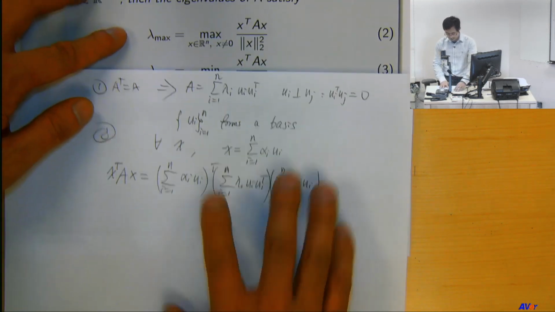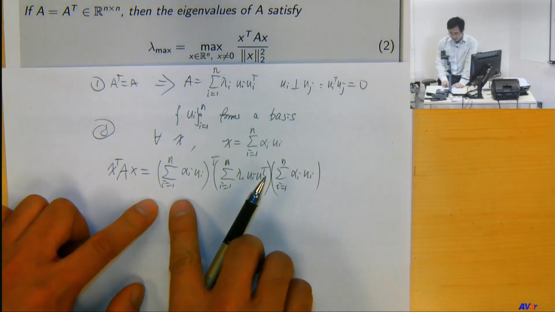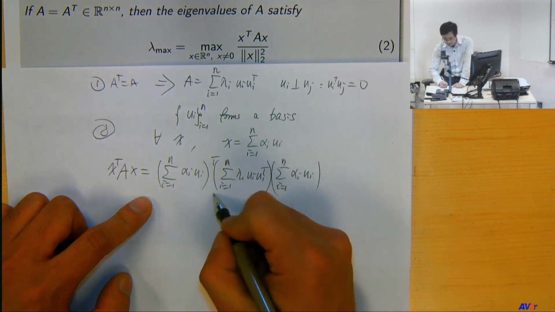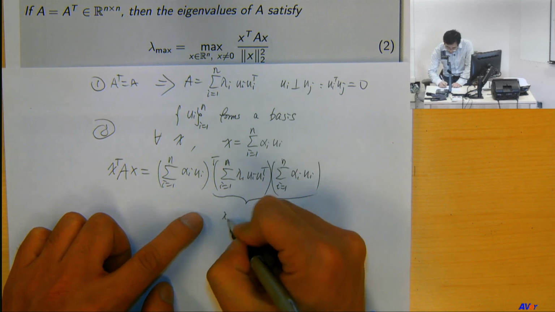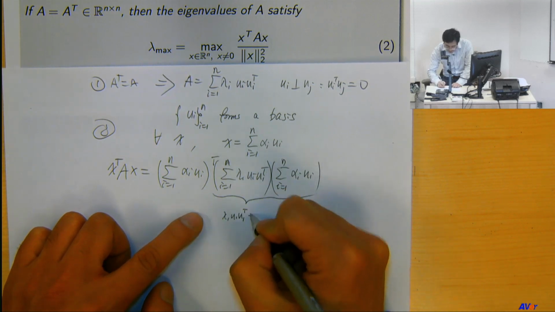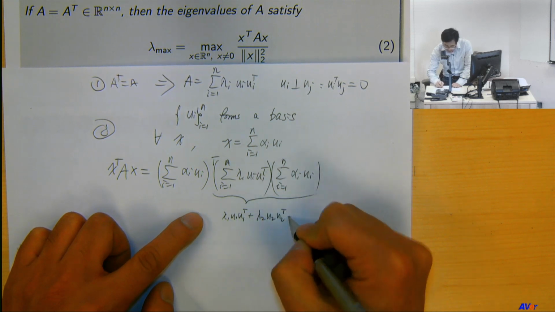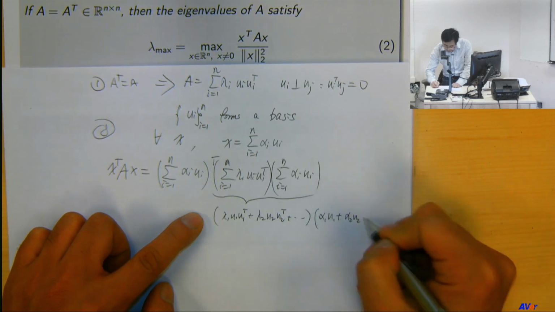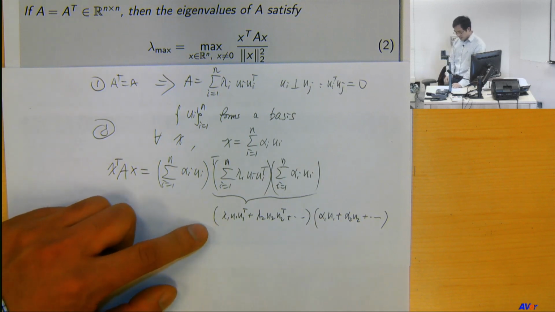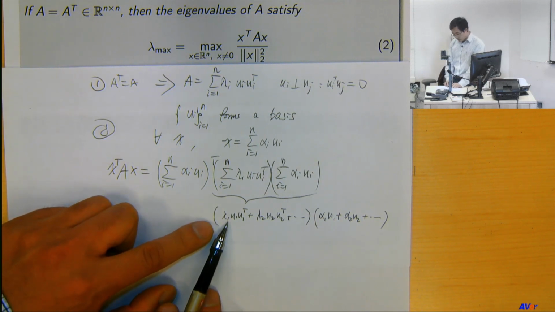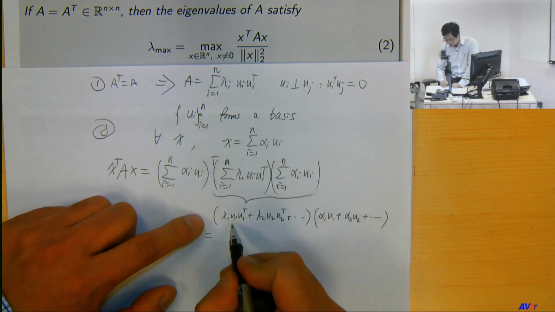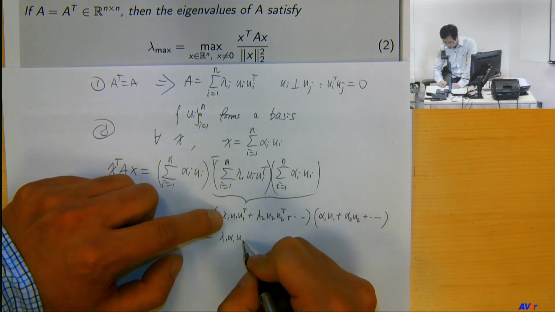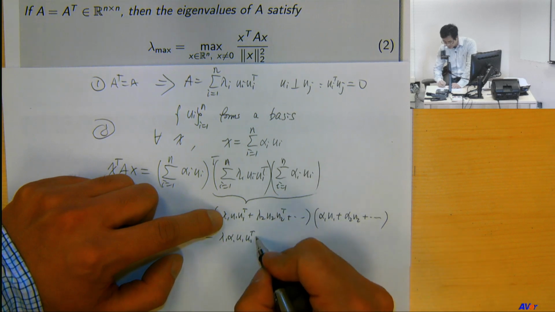So let's look at these two parts first. It's lambda 1 u1 u1 transpose plus lambda 2 u2 u2 transpose, etc., times alpha 1 u1 plus alpha 2 u2, etc. When you multiply things out, the first term multiplying this gives lambda 1 alpha 1 u1 u1 transpose times u1.